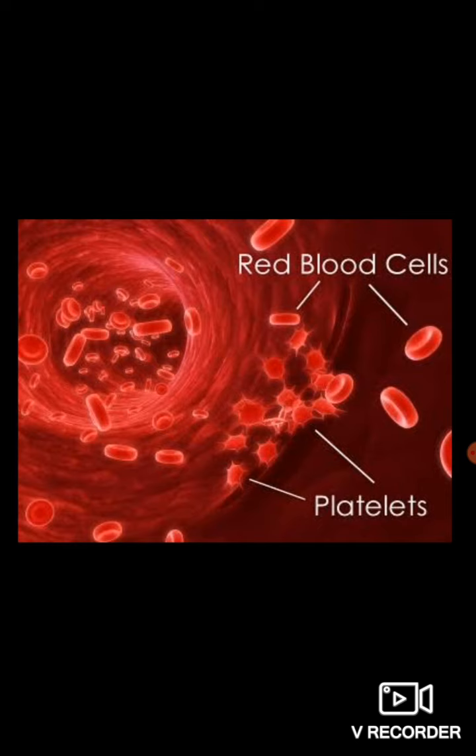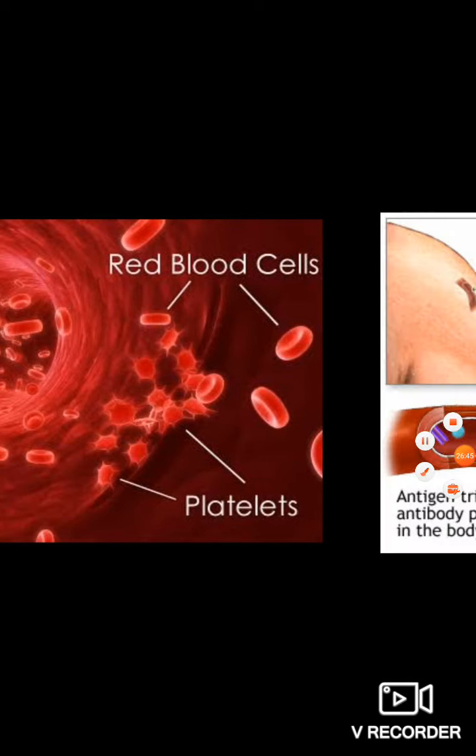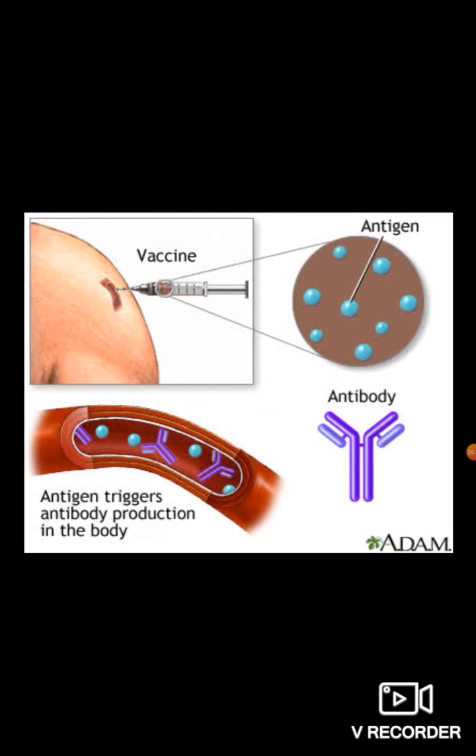Now the last topic for today: a kind of cell in blood called platelets, or thrombocytes. What is the shape of thrombocytes? They are very minute, oval or round in structure.